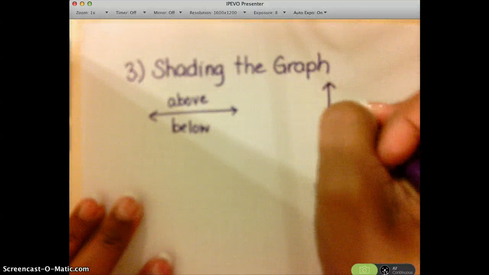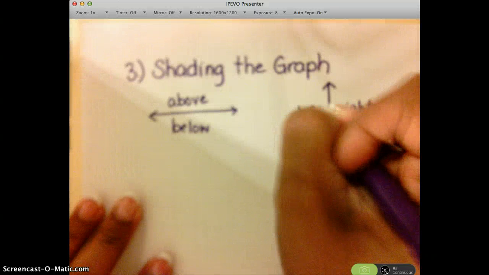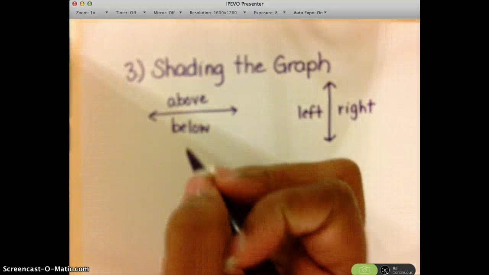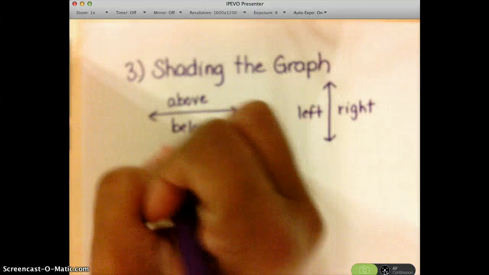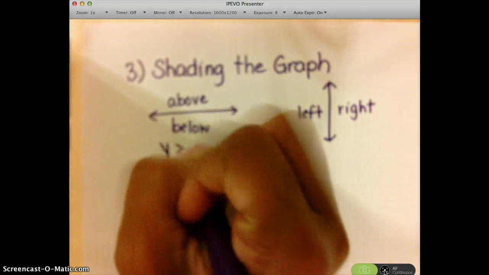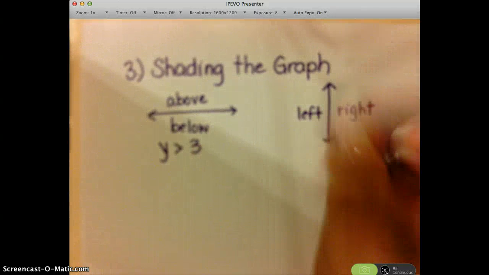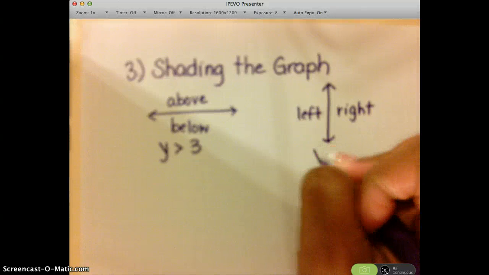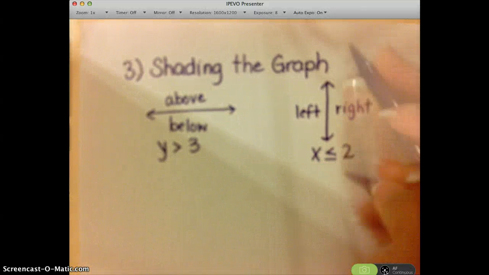This is to the right, and this will be to the left. Remember, with the horizontal line, the equation is only going to have the variable y. So if you have y is greater than 3, that would give us a horizontal line. With the vertical line, you're only going to have an x. So if you have x is less than or equal to 2, that would give us a vertical line.